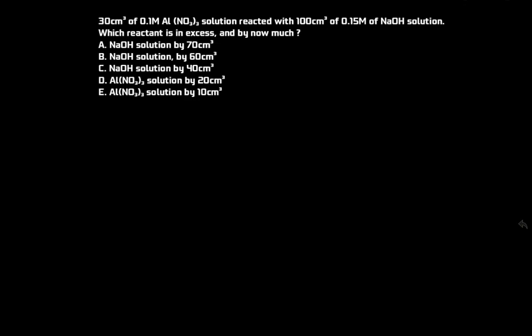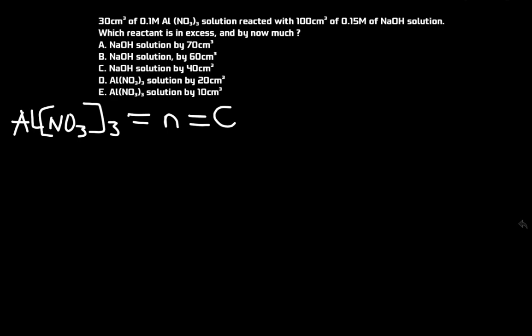The first step, you solve for the mole of aluminum nitrate. So we'll start by writing Al(NO3)3. The mole of it, we use mole equals the molar conc times the volume. In this case, our molar conc was given to be 0.1.